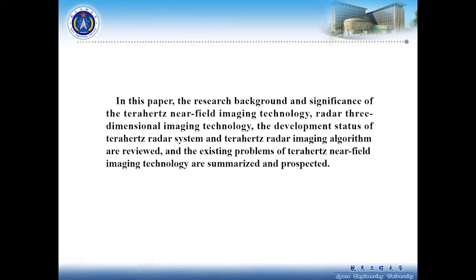In this paper, the research background and significance of terahertz near-field imaging technology, radar three-dimensional imaging technology, the development status of terahertz radar systems and terahertz radar imaging algorithms are reviewed, and the existing problems of terahertz near-field imaging technology are summarized and prospected.